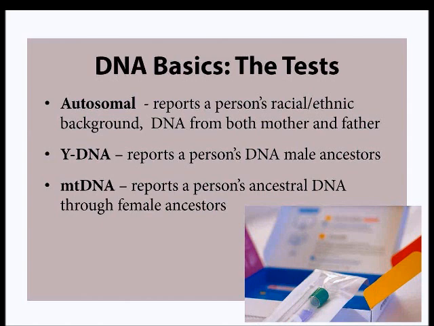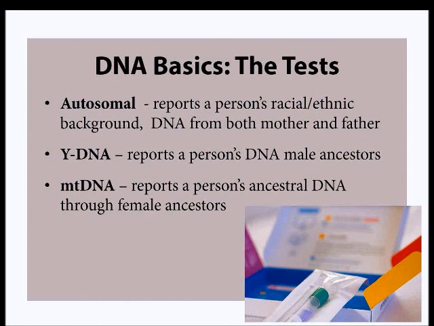It's also the least expensive of the DNA tests, ranging from about $50 to $90, depending on discounts. The autosomal testing can also suggest people who might be cousins, and the key word here is might. Autosomal testing cannot tell you with 100% accuracy whether or not someone is a cousin.